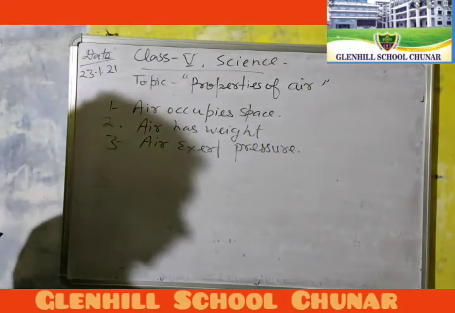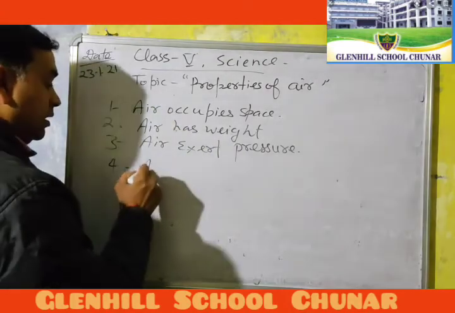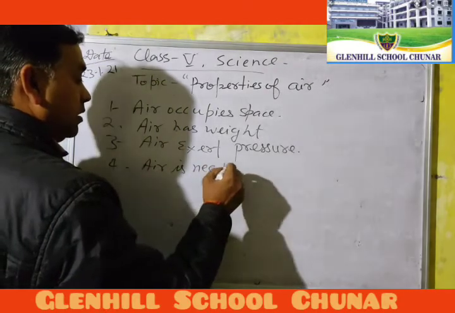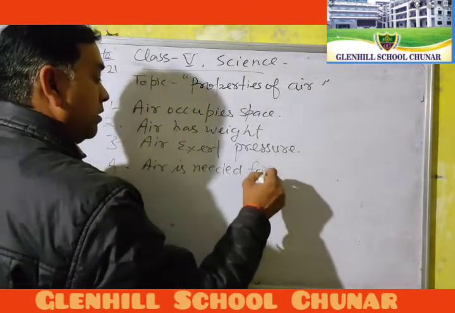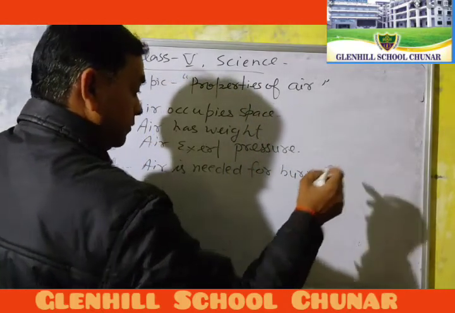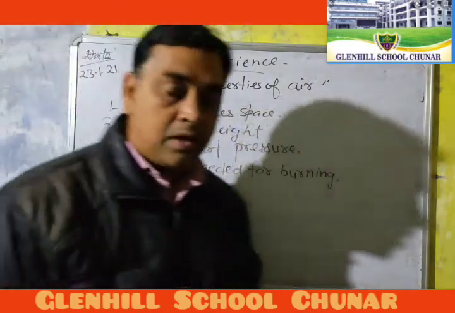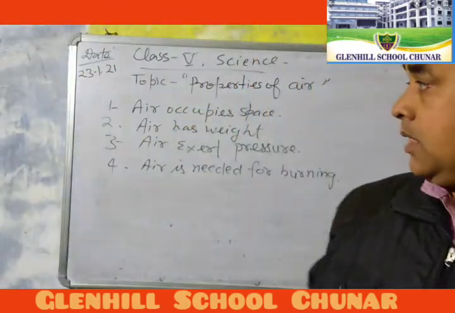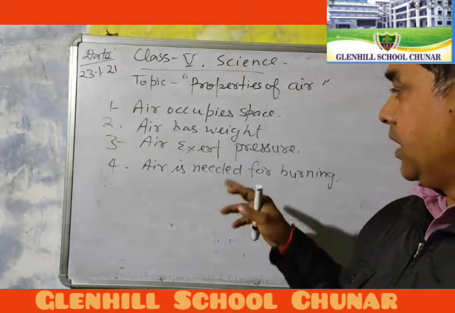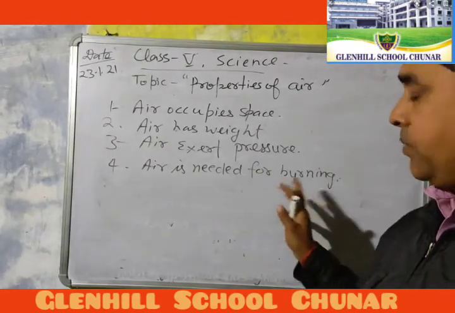And last, air is needed for burning. So there are 4 properties of air. First, air occupies space. Air has weight. Air exerts pressure, and air is needed for burning.